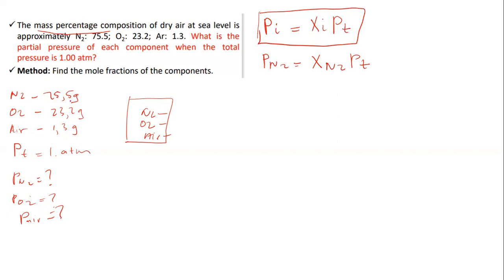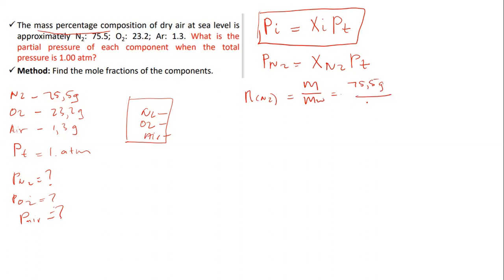For nitrogen, I'm going to calculate the number of moles. The number of moles of nitrogen gas is the mass of nitrogen divided by the molar weight of nitrogen. The mass of nitrogen is provided to be 75.5 grams, divided by the molar weight.